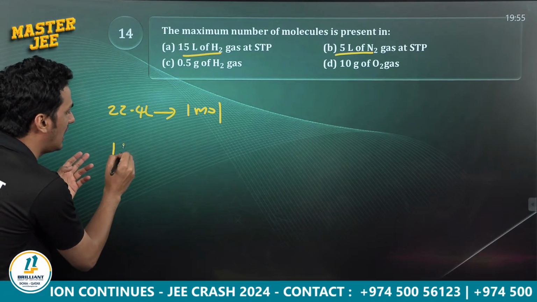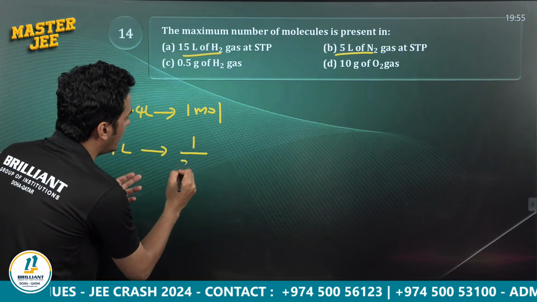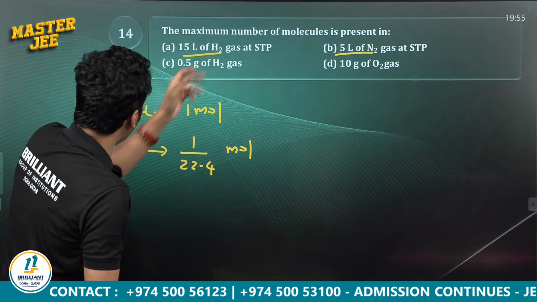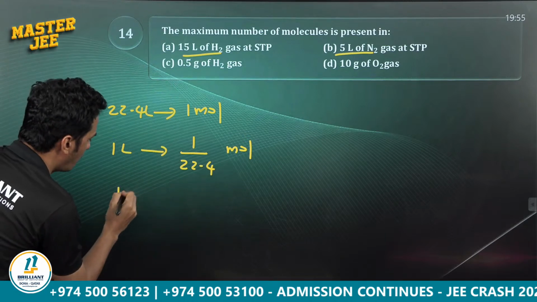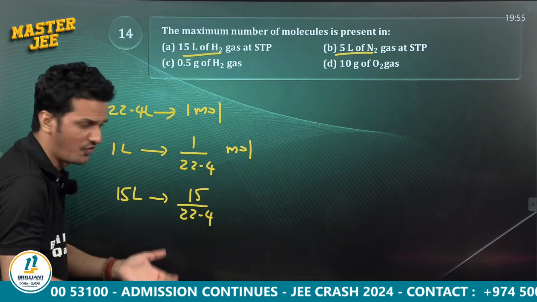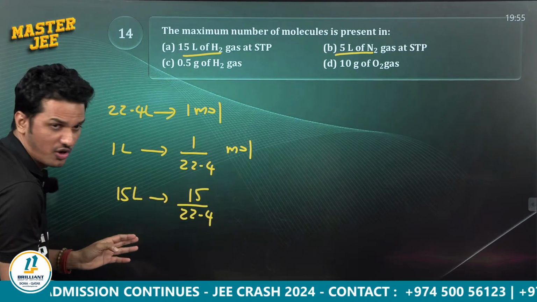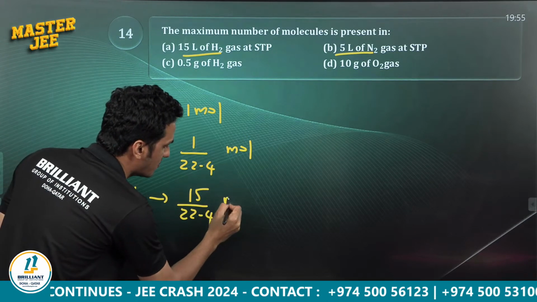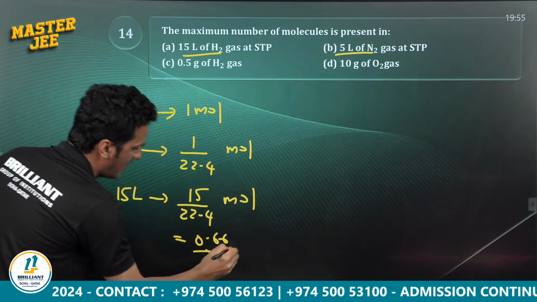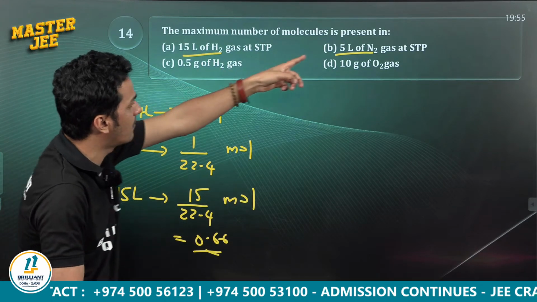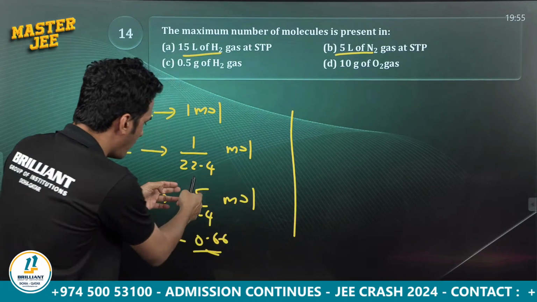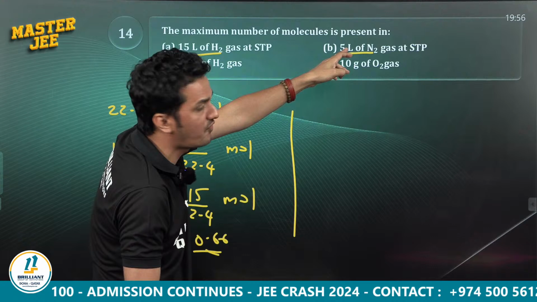So 1 liter means 1 divided by 22.4 moles. 15 liter means 15 divided by 22.4. Approximately, you will get 0.66. What about the second option? We don't need to calculate it, because the first is 15 divided by 22.4 and here they are telling 5 liter.